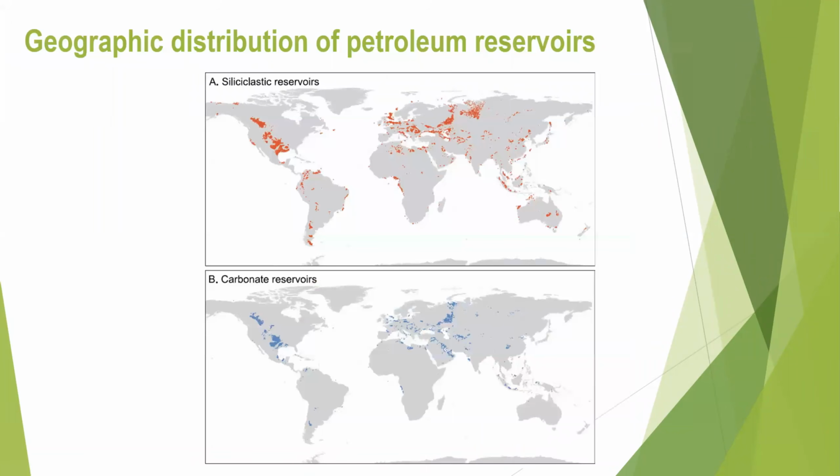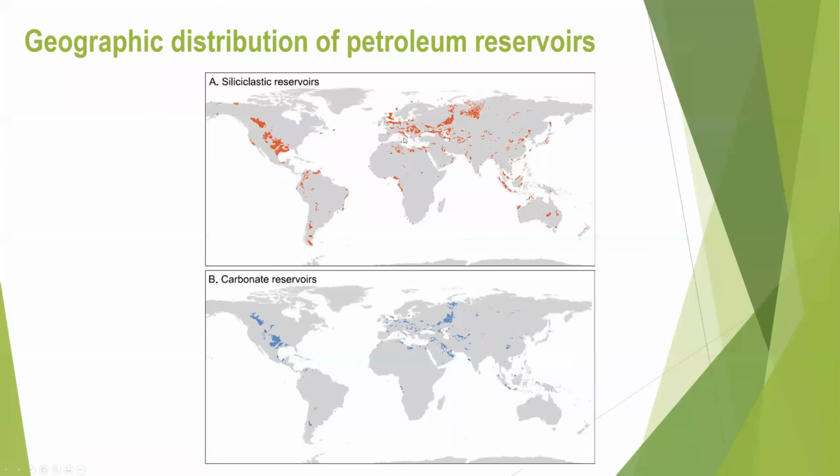If we look at these images, at the upper part we can see the distribution of siliciclastic reservoirs. In the world, we can see siliciclastic reservoirs in different areas, at different latitudes. But if you look at the carbonate reservoirs, we can see them just in special latitudes, but they are very important.